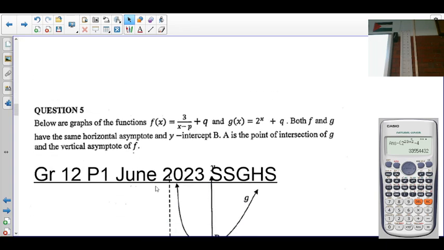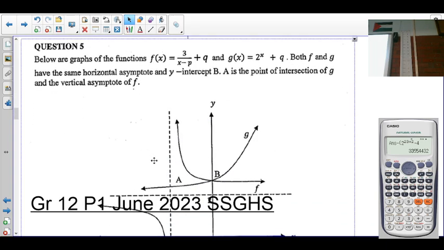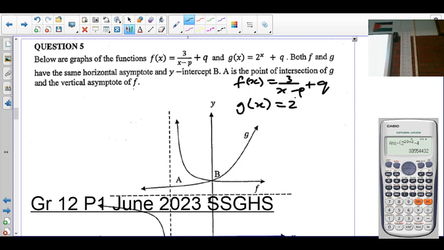Okay, next. In question 5, we are given the graphs below for the function f of x equals, I think I'll just write it on the side here. So f of x equals 3 over x minus p plus q, whilst g of x is equal to 2 to the x plus q. What do you notice? That both have a q in it, which means to say it has the same value there.